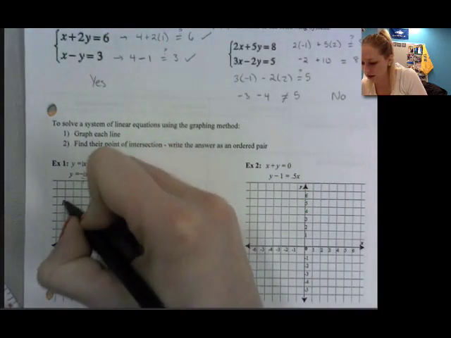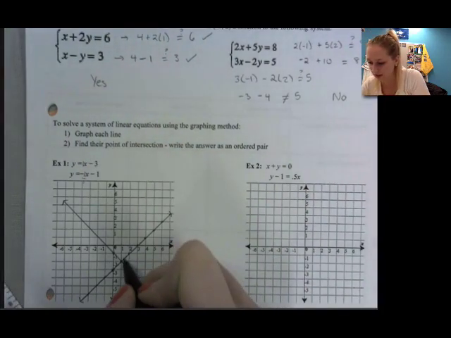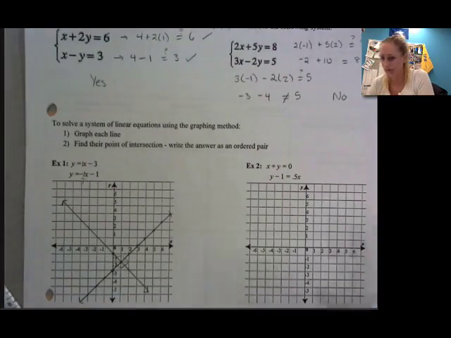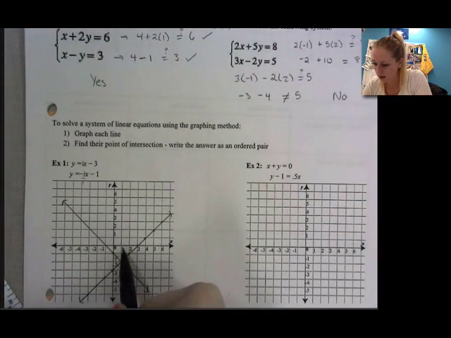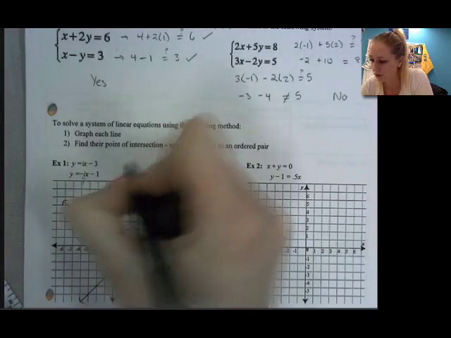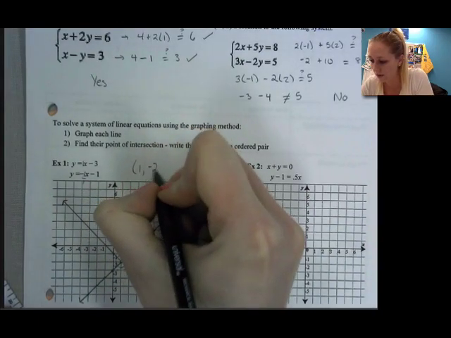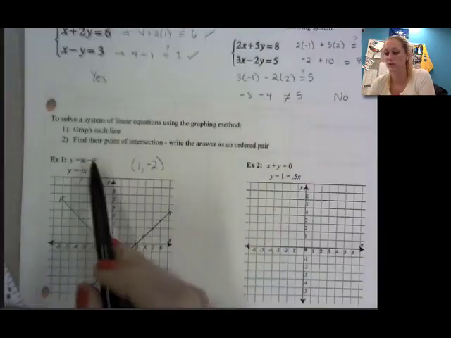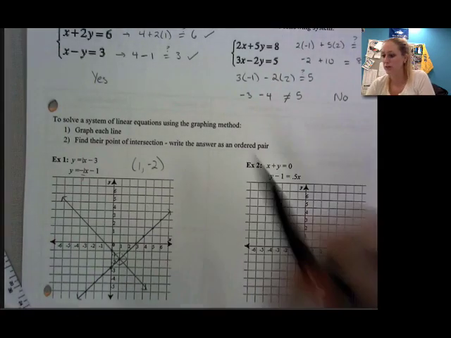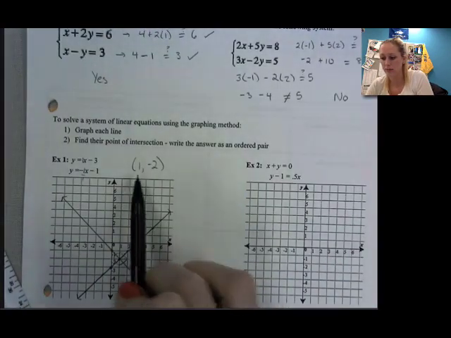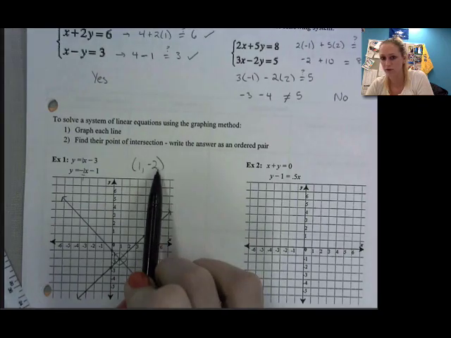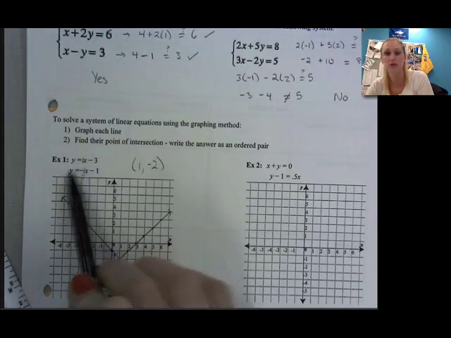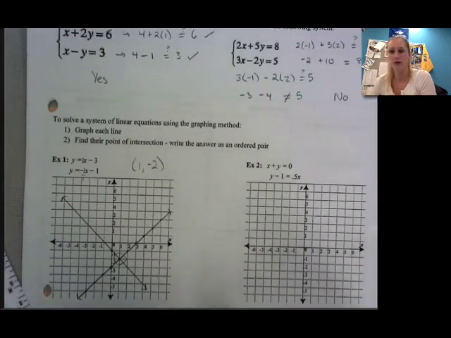All right, so the point of intersection is this one right here. The coordinates of that are (1, negative 2). So the solution is that ordered pair. We could check it just by doing what we did in those first two examples. I could plug in 1 for x and negative 2 for y, and if it's true in both, that verifies we found the right one.